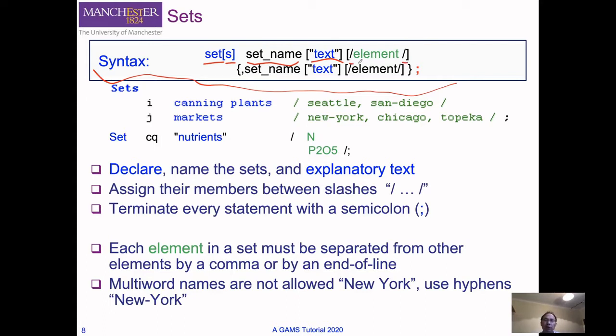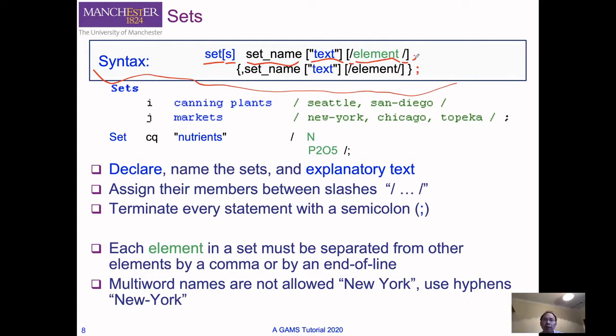In these two slashes, we can input the elements that belong to this set. If we have multiple elements, then we should use a comma to separate them, or we can input these elements at different lines. If we finish, then we need to add semicolon.